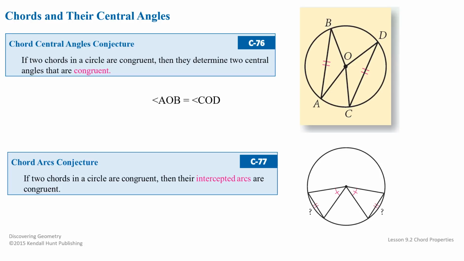The ones with the question marks are the arcs in question. Notice the angles touch those arcs, so those arcs have the same measure. If I know the angle on the inside, I also know the arc on the outside, and they're going to be the same. So I don't have to do any more arithmetic to figure that out.